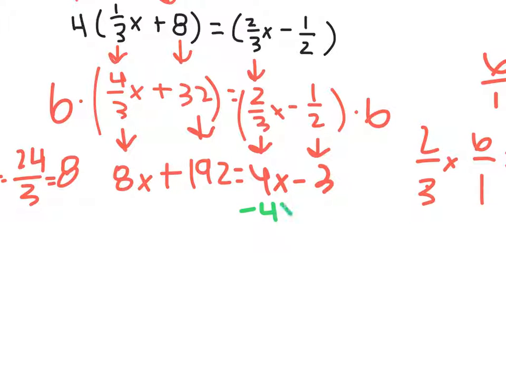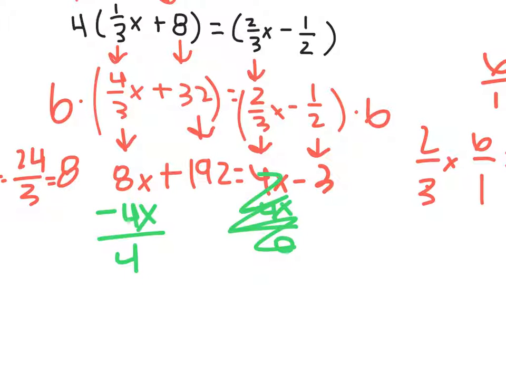And the reason I'm taking away instead of adding is because this is a positive 4x, so we have to take it away in order to get 0 on this side so that we can move it to the other side. So now we can take it away from this side because we took it away from that side. So that will leave you with 4x.